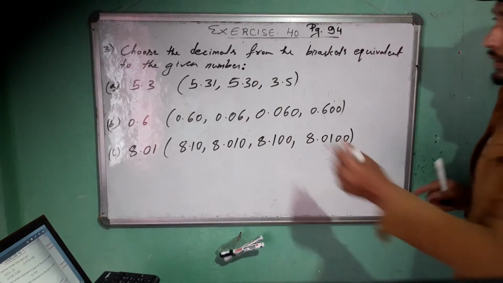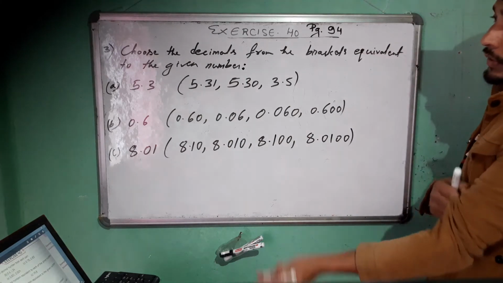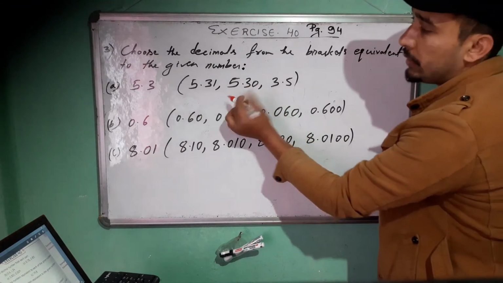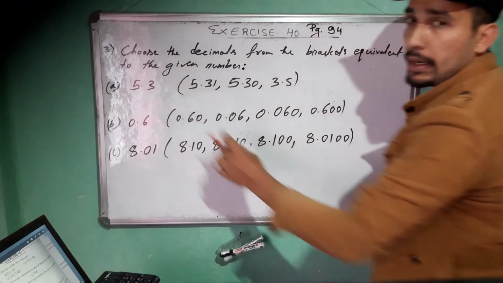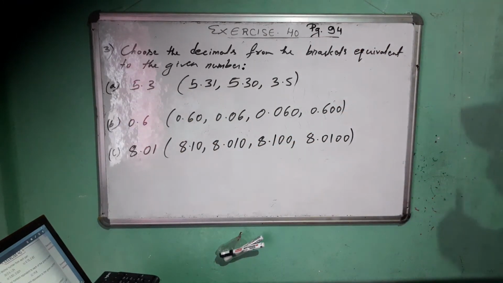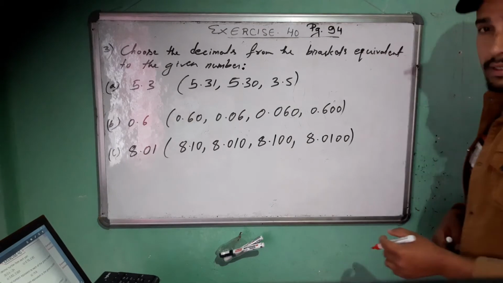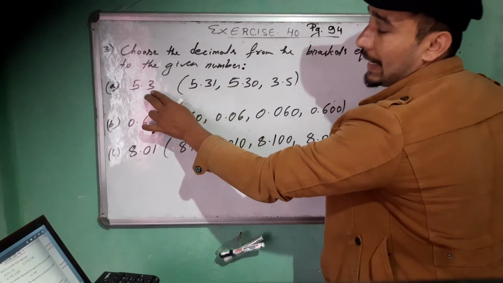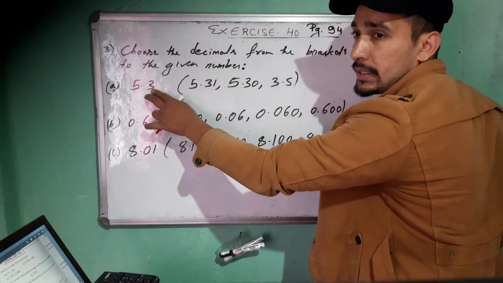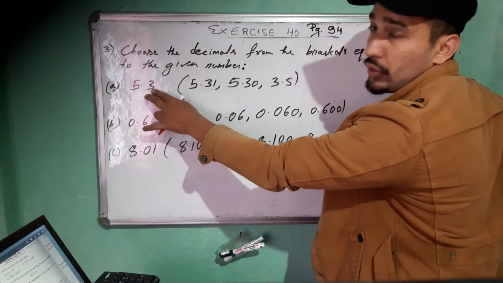So number A, 5.3. You have to choose the decimal number from these 3 options which is equivalent to this, and I have already explained the meaning of equivalent decimal numbers, isn't it? So you have to add 0 at the extreme right hand side. Okay, so after 3 you have to add 0.